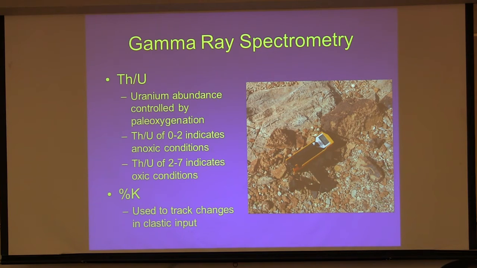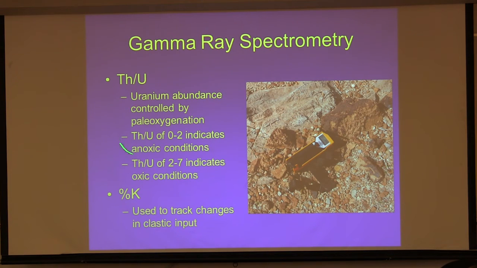I also did gamma ray spectrometry. First, measure the thorium-uranium ratio. Thorium isotopes are stable in both oxic and anoxic conditions. Uranium, however, is controlled by the oxygen level. When there are anoxic conditions, uranium is precipitated out into the rock, so that would give an overall higher score of uranium in anoxic conditions.